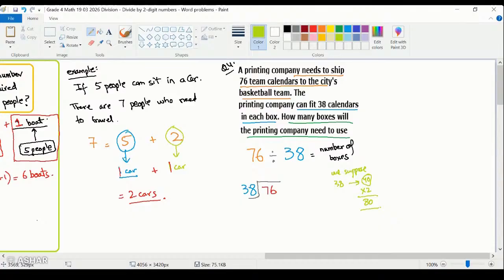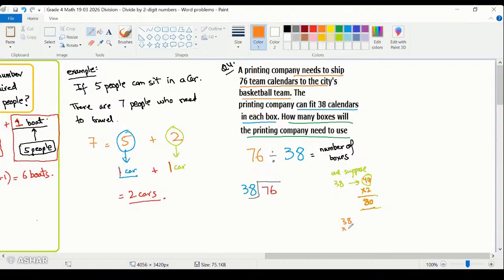See, if we assume that 38 becomes 40, we round up the number, and 40 multiplied by 2 would be 80, right? Similarly, this is 76, right? If 76 was rounded off to 80, that means if this number was 40, we can easily find the answer, that is 80, right? So the closest answer would be 2. Let's check.